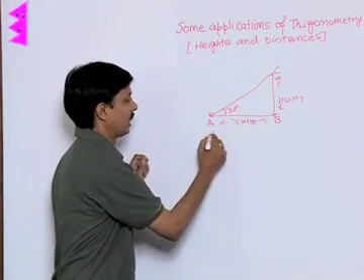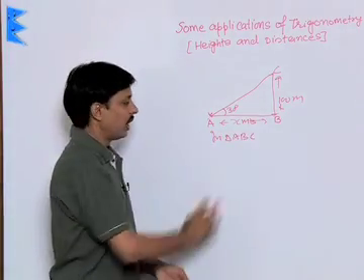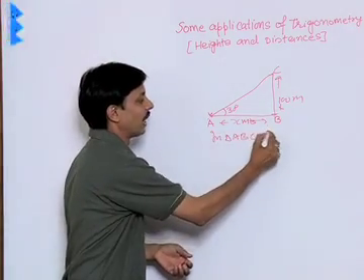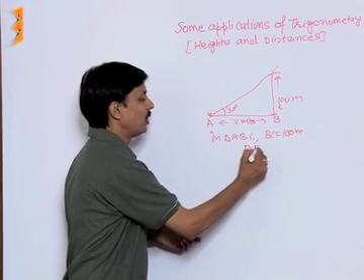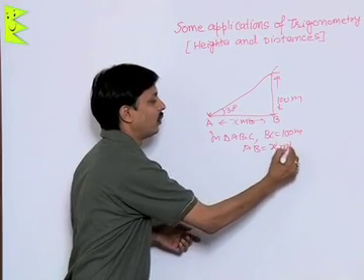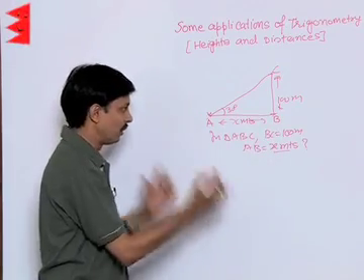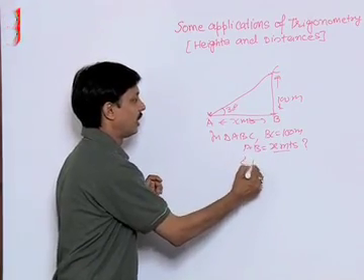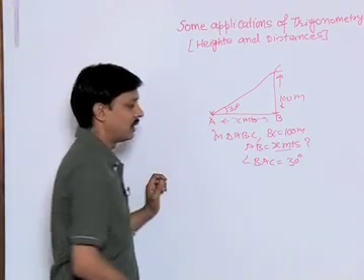In triangle ABC, we have BC is 100 meter. AB we would like to calculate, we have assumed it is x meter, and angle BAC, that is the angle of elevation, is given 30 degree.